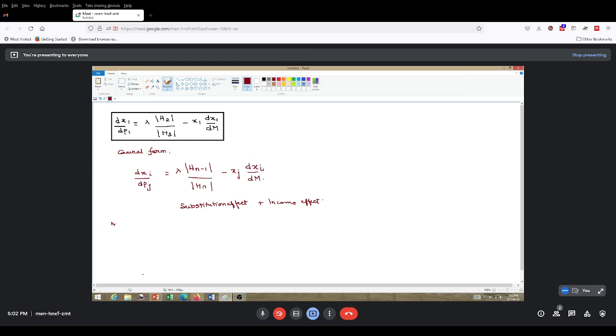Now note two points. We know that the bordered Hessians alternate in signs, so this is always going to be negative.